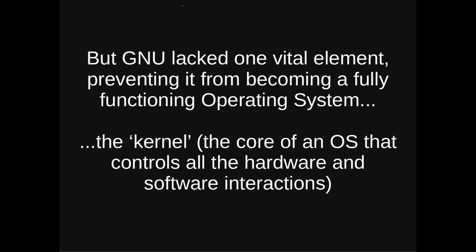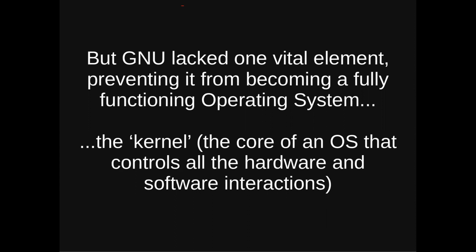But GNU lacked one vital element which stopped it from becoming a full, proper operating system, and that element was the kernel. You'll be familiar with the concept of a kernel in terms of Python, mainly because you have to restart it a lot. But a kernel is something in an operating system as well, and it works in the same kind of way.